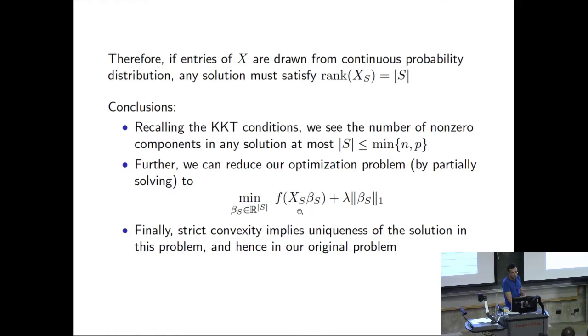But you can think about this now that xs has no null space. F is strictly convex. This entire term is strictly convex in beta S. So over just the equicorrelation set, the solution must be unique. And it must be 0 outside the equicorrelation set. And so that actually proves that we have a unique solution.